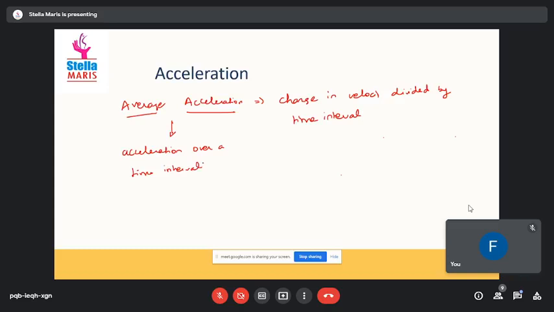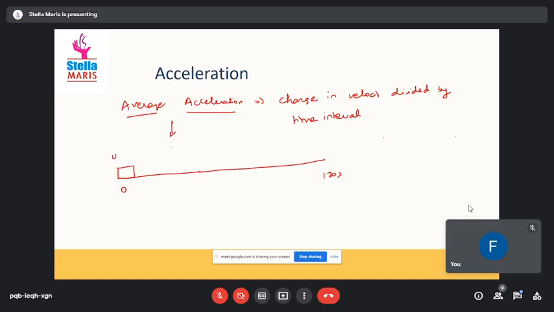For example, let's say you're starting a car and traveling between 0 and, let's say, 120 seconds, 2 minutes.